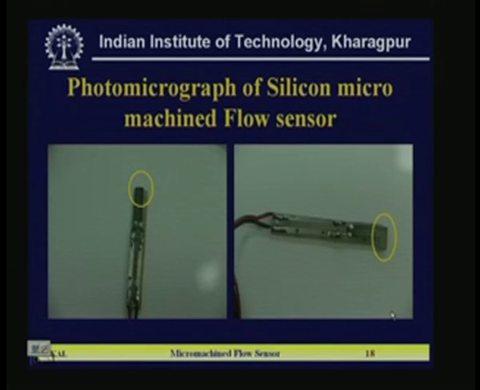Now, here you can see the diagram of the fabricated micromachined flow sensor. Here are both sensors, this is structure 1, this is structure 2, you can notice minutely here.